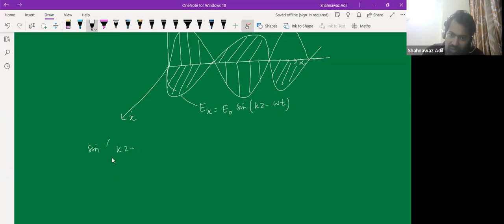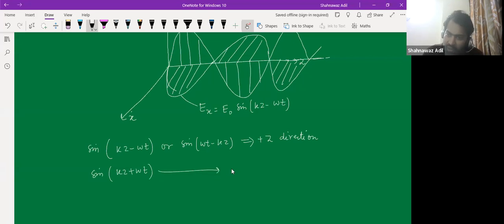If I write the wave as sine (kz minus omega t), or sine (omega t minus kz), it means that the waves are propagating through the positive z direction. And if I'm writing kz plus omega t, this is in negative z direction. So this is the propagation of the wave.